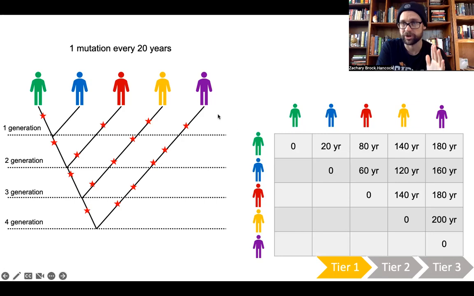One of the things I want to draw your attention to is that purple shares an ancestor at the exact same time with all the rest of these groups, right? And this ancestor here was the last time that they were related. But notice that there's a range of years that this ancestor could have existed at, from 160 up to 200 years. How does this happen?